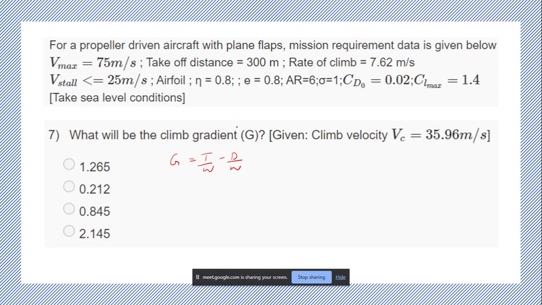What all are given to you? You have Vmax, Vstall, takeoff distance, rate of climb, Oswald efficiency, aspect ratio, CD, CL. What can we use here? They've given you climb velocity in this question specifically, so think about why they would have given you that.